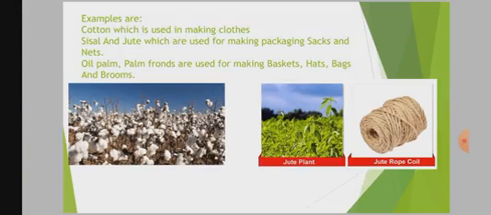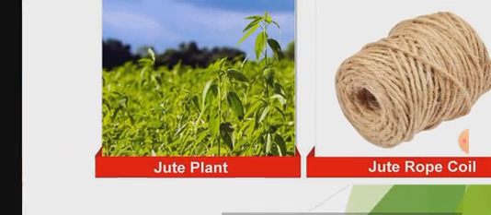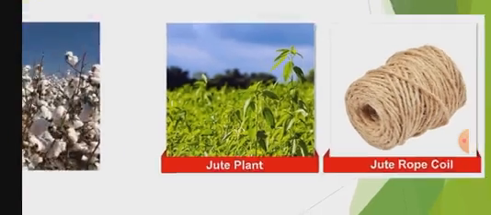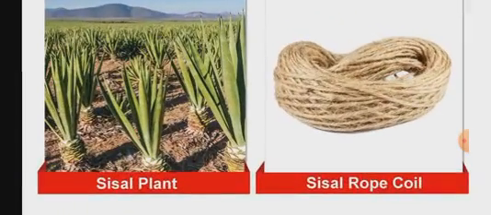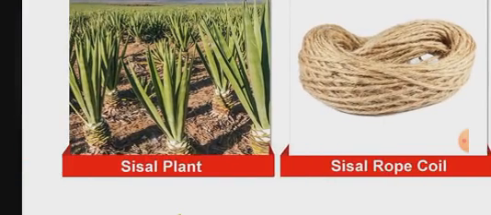You have sisal and jute, which are used for making packaging, sacks, and nets. That is what you are seeing there at your right hand side. Can you see the plant itself and what is being gotten from the plant? The rope. We have that one of the sisal too, sisal plants, and the rope that we can get from it. That is the plant there.